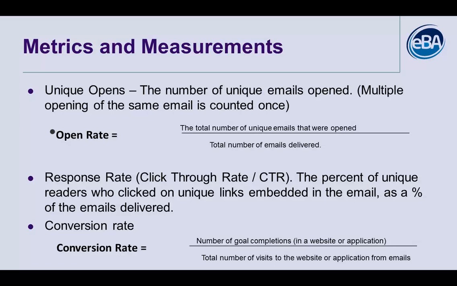That is the conversion rate. The number of goals you have achieved, whatever goal you have defined, as a percentage of the total number of visits to the website you have got from the email campaign. There could be a lot of other metrics as well, but as long as you have an understanding of these basic metrics, then you know how to measure the performance of your email campaign.